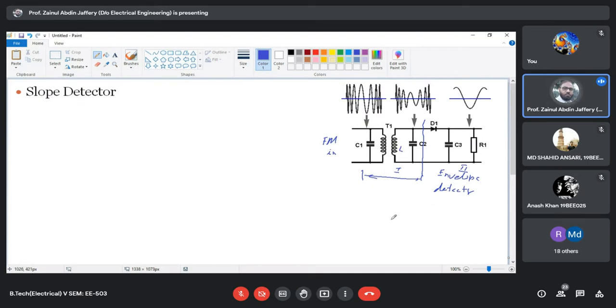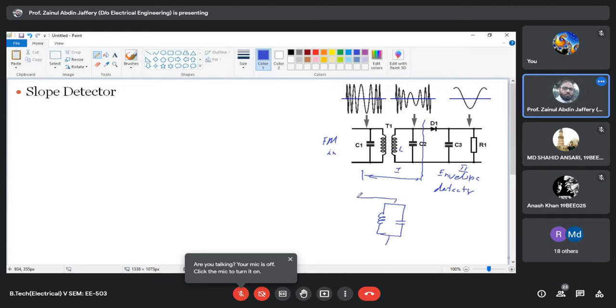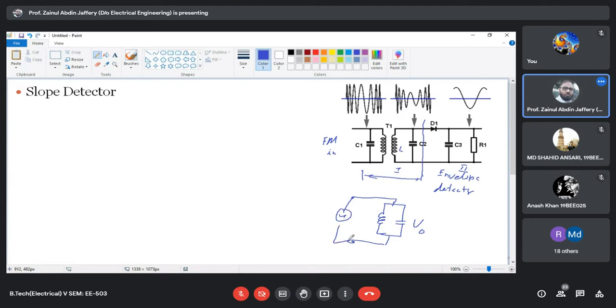So if you go for this LC tank circuit, if you look at this circuit, any LC tank circuit, so this is one tank circuit. Let us say this is your V0 over here, and here you have a supply voltage, let us say xt.